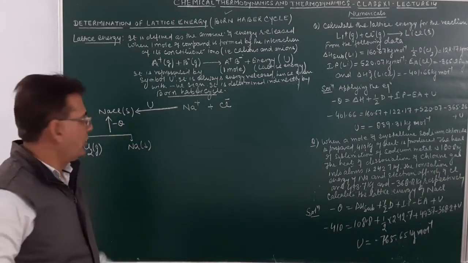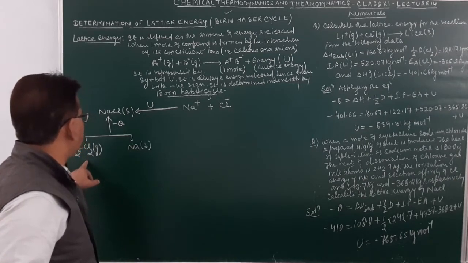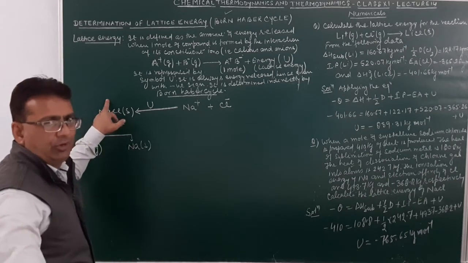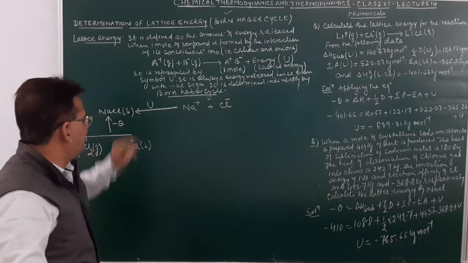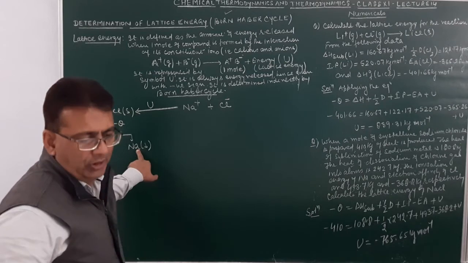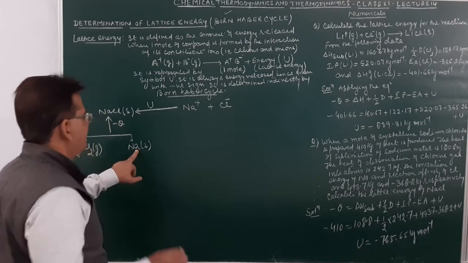Am I clear? When sodium in the form of a solid and chlorine in the form of a gas combine to form sodium chloride, the heat liberated will be minus Q. In terms of lattice energy, this sodium solid first of all has to be converted into sodium gas.